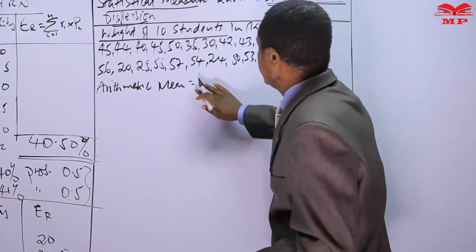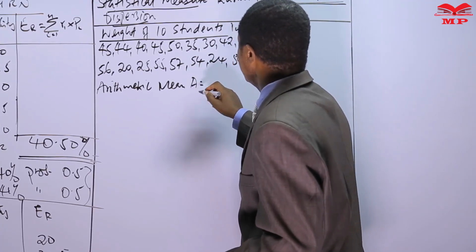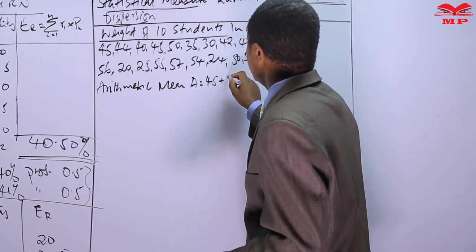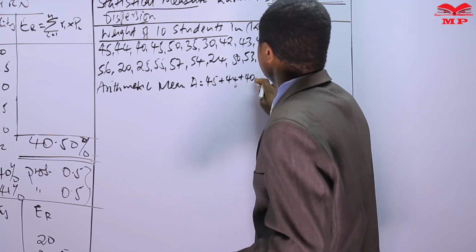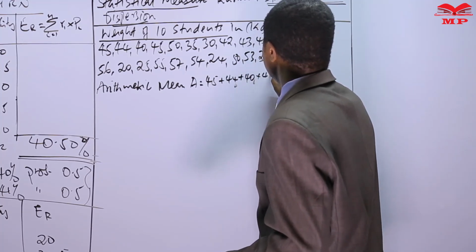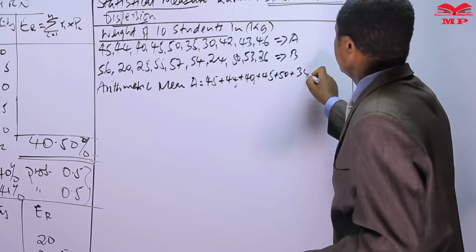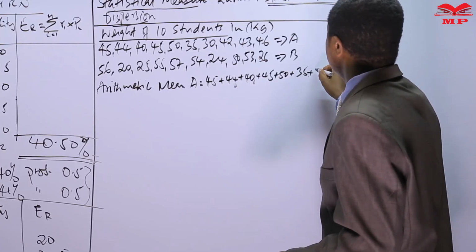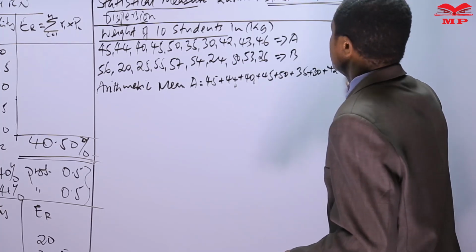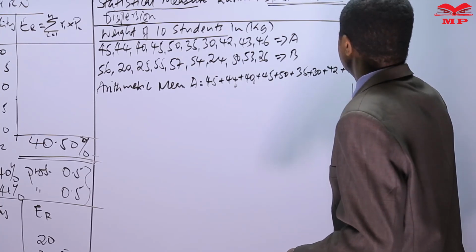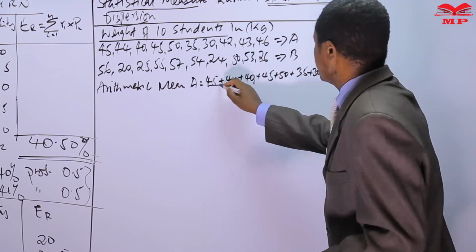So we will add: arithmetic mean of A will be equal to 45 plus 44 plus 40 plus 45 plus 50 plus 35 plus 30 plus 42 plus 43 plus 46, divided by 10.